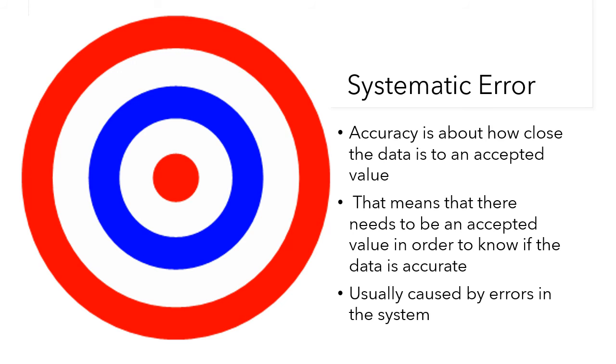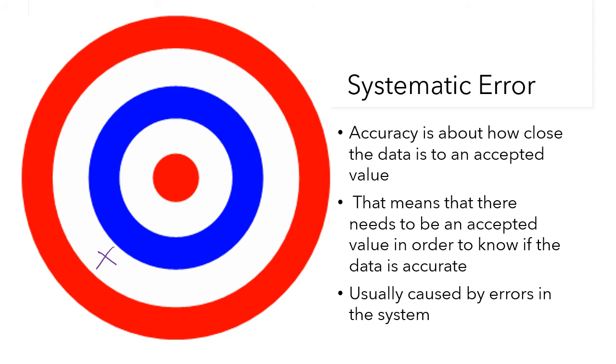So for instance, in this case, we take one shot and it's over here. We don't know if we have random error. It's one shot, right? But we already know that we have systematic error because we're nowhere near that bullseye, if that bullseye is what we were trying to hit.